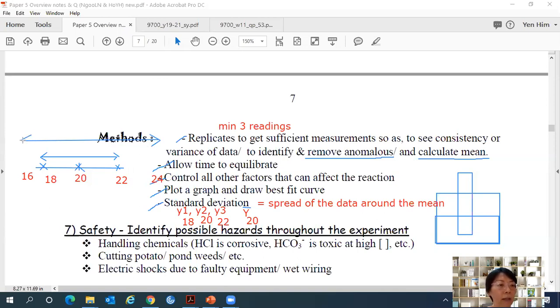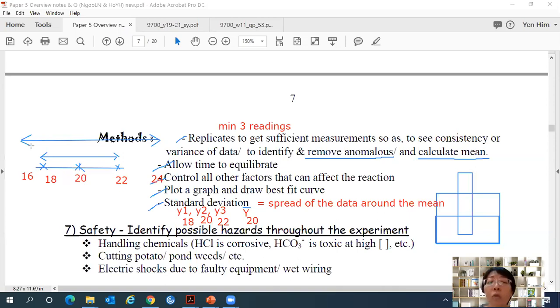So comparing student 1 and student 2, whose result will be more reliable? Then you have to look at the standard deviation. Of course, the first student's result will be more reliable because they are closer to the mean. For the second student, the data are spread further away from the mean, so the repeatability is less, because 16, 20, 24 is not repeatable.